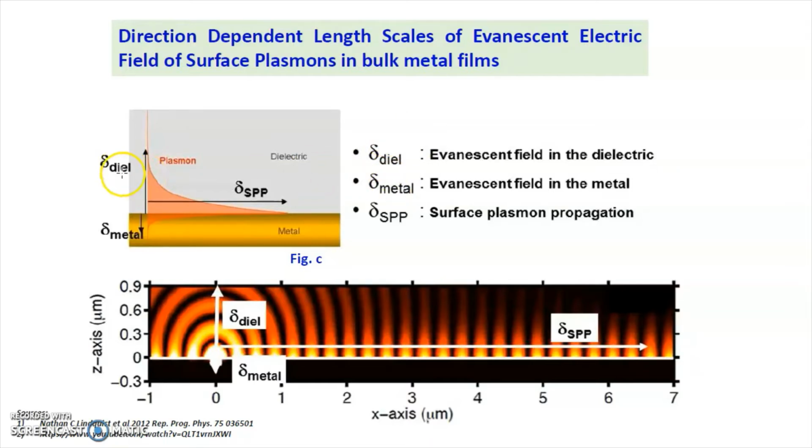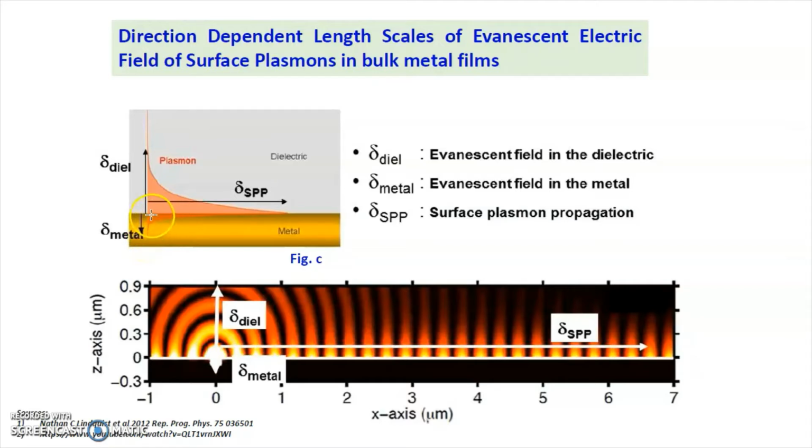Let us say this is a schematic image as shown in figure C, where you can see that when the light is incident on the metal, three types of deltas are present. It means the electric field is generated in three directions. One direction is called delta metal.